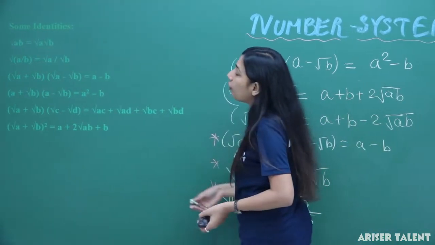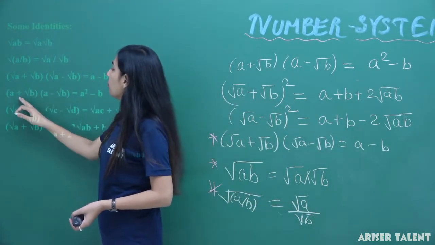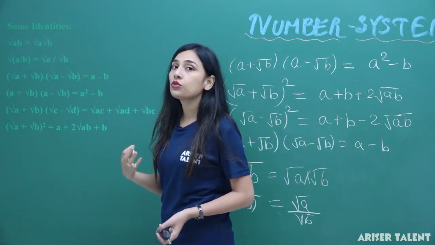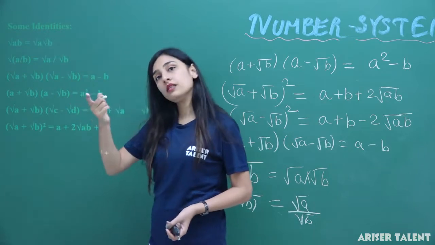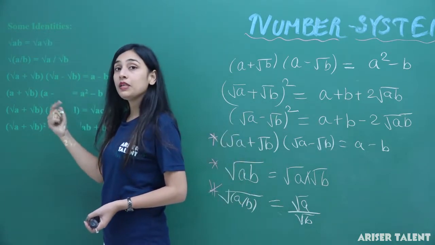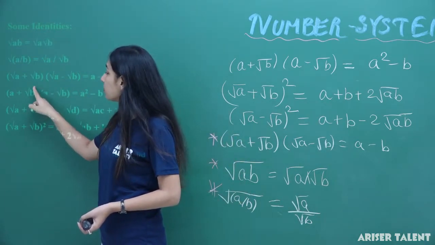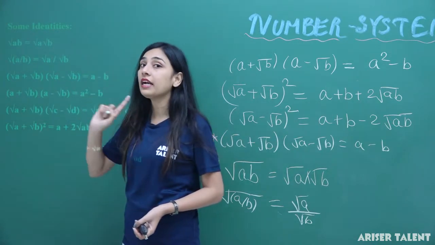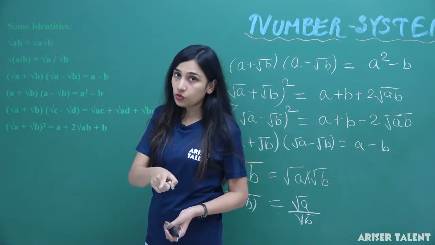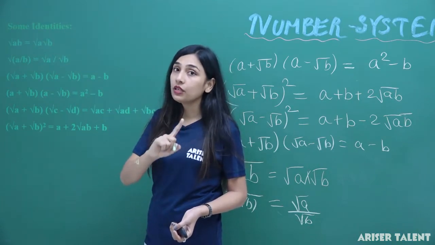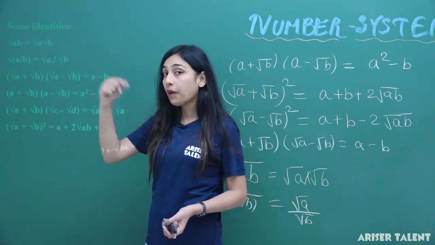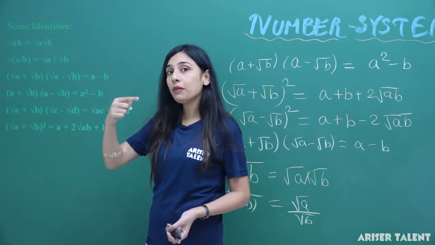Look at the formula too. If you open this bracket, according to a square minus b square, a square is simply a square. Now b square is what? In place of b you have root b here, that means root b square, which is only b. So a square, the first term, minus the second term: a square minus b.